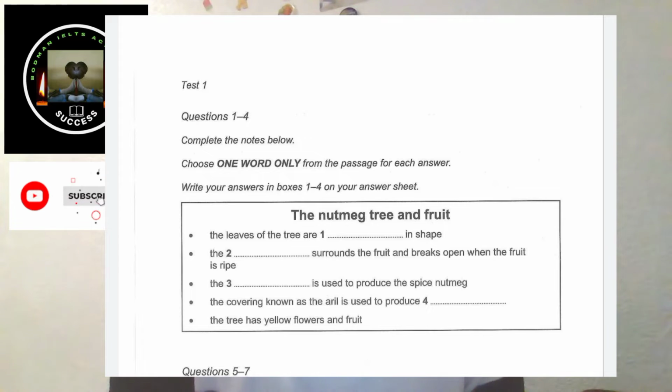Now, let us see how to predict the answer using this question. The leaves of the tree. Which tree? The nutmeg tree. Don't forget, you pick the nutmeg tree from the title of the question. The leaves of the tree are dashed in shape. Question 1 is asking about the shape of the leaves.